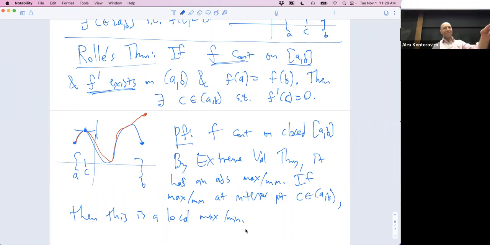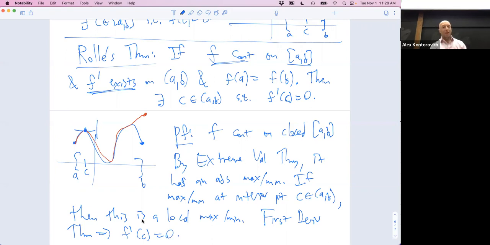But now, as Nimmer said, now we can use the first derivative test. The first derivative theorem tells us that f prime of this point is equal to 0.